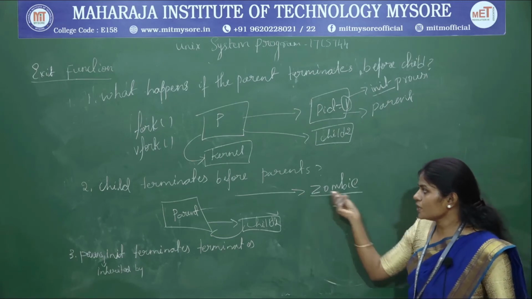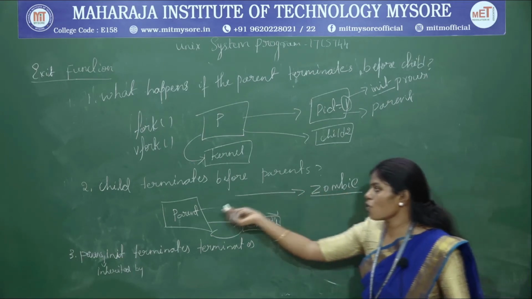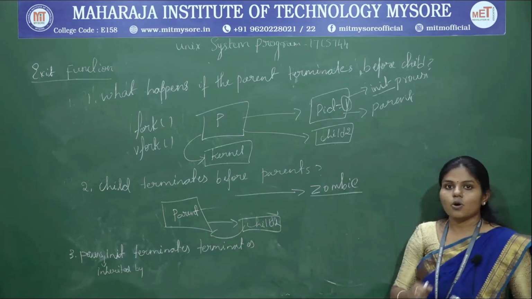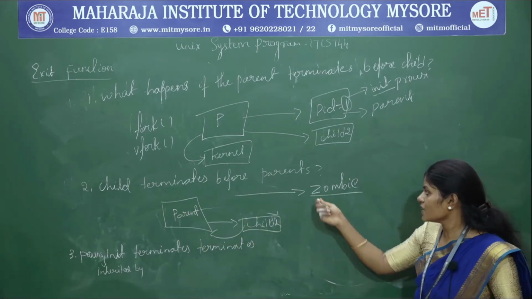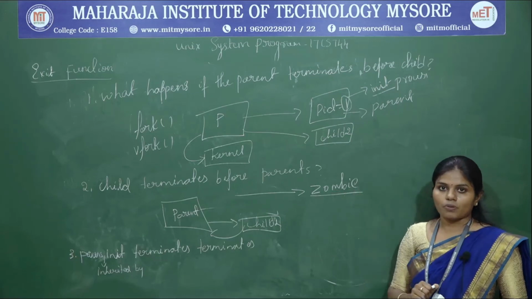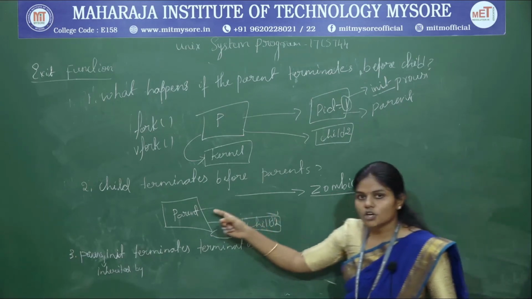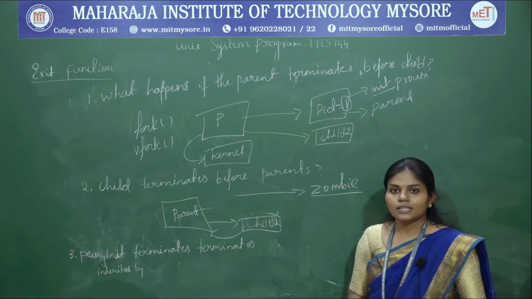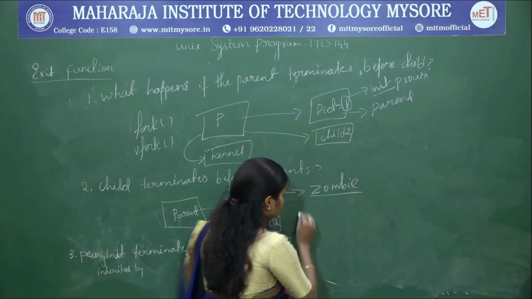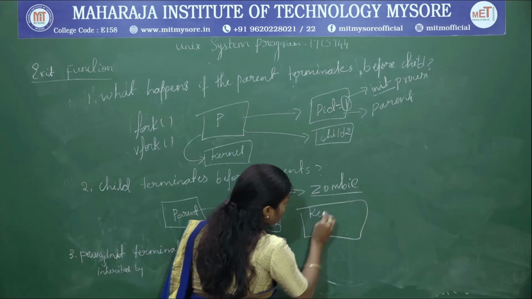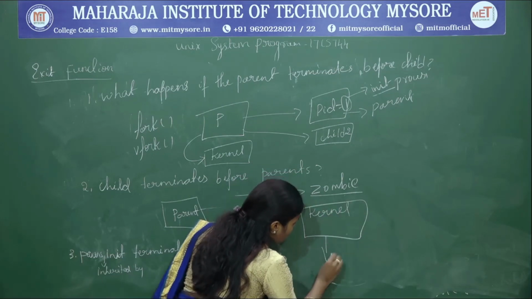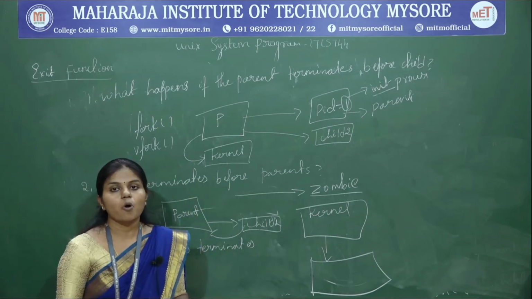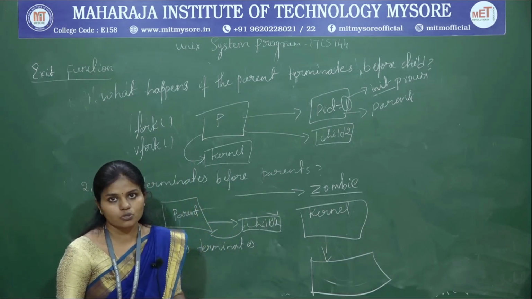So if the child is terminated before the parent without informing the parent, then the parent is going to keep on waiting. That we are going to call a zombie, right? So now what is the solution for this type of problem? In that case, the kernel is going to maintain a small amount of information about all the terminating processes, right?